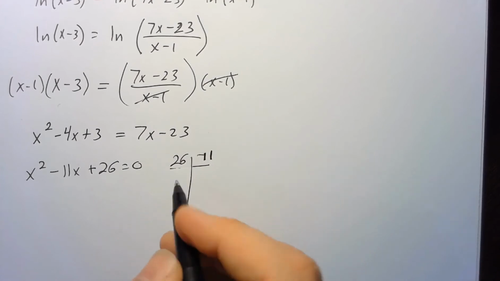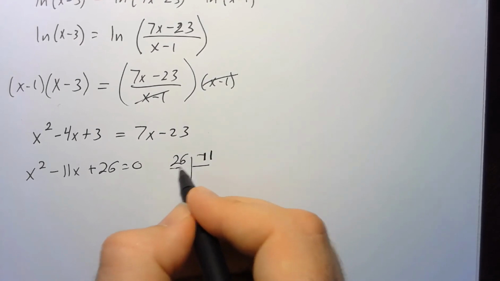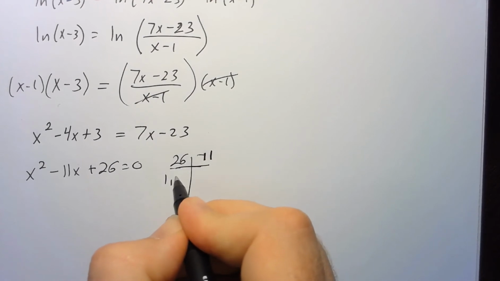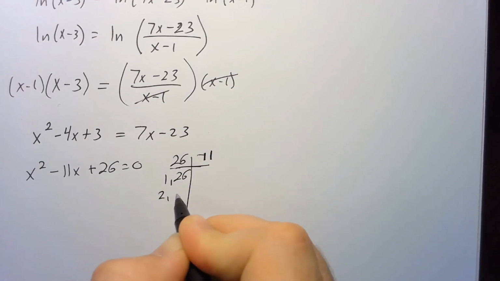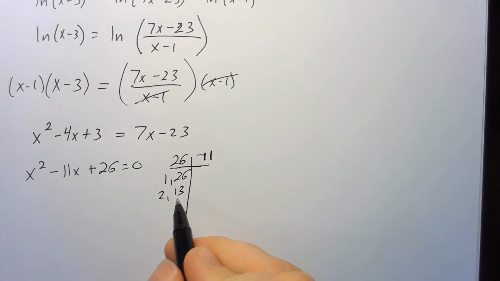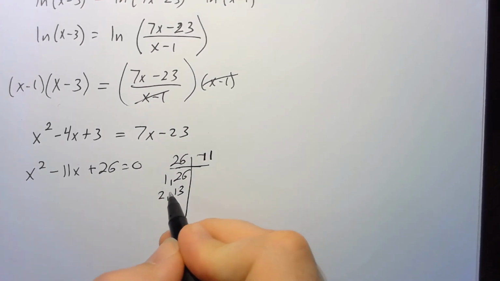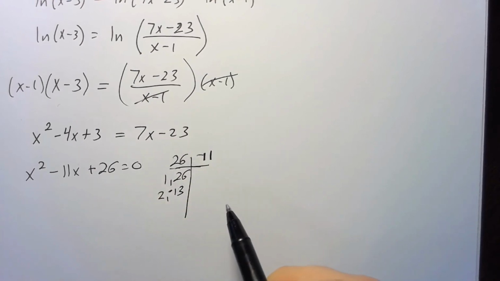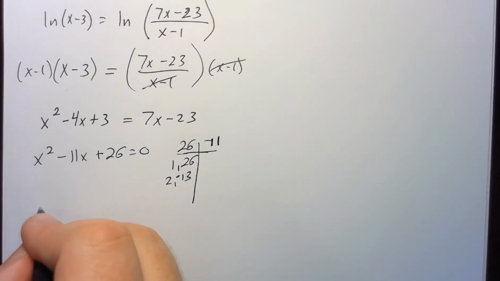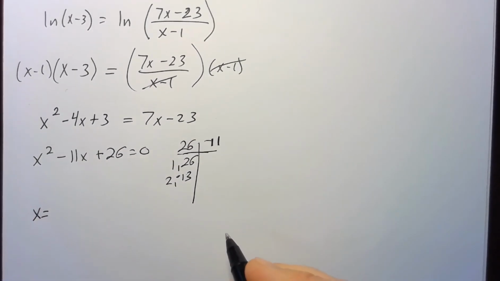I need two negatives or two positive numbers to do this. I don't think that's going to happen because it's 1 and 26 or 2 and 13. And 2 and 13 would work if this number was a negative, because then I could make this a negative and that a positive. With that being said, it doesn't look like this is going to work for us, which means I'm going to have to solve this using the good old quadratic formula.